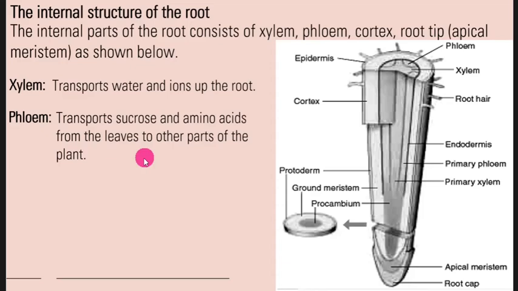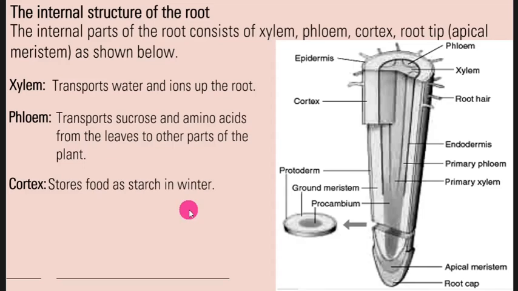So once food is made, it has to be transported through what vessel? Through the phloem vessel. So the phloem transports sucrose and amino acids from the leaves to other parts of the plant. What about the cortex? So this cortex here, what is its function? Stores food as starch in winter.